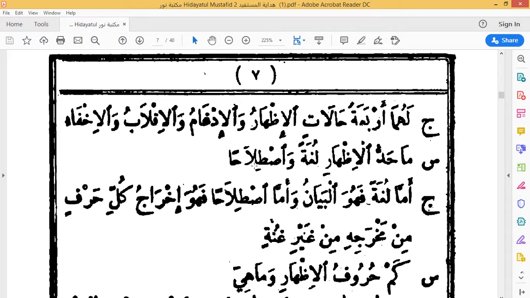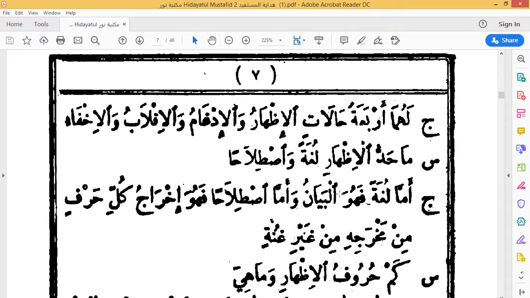That's what is meant by lughatan. Wa istilahan, the contextual meaning, is what it means when you are discussing it as a subject. So the answer to this is: amma lughatan, as for the lexical definition, huwa al bayan, it means explanation.